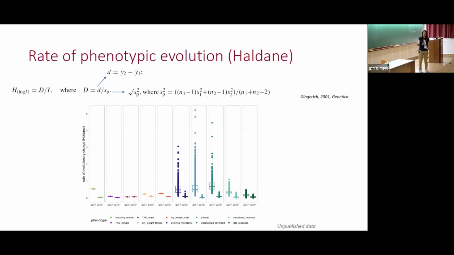So we observe that different traits have different rates of phenotypic change, and we also look at the rate of gene expression change. These are the 5 categories that I already introduced to you: those that have plateaued, those that continuously increase or decrease in their expression, and those that change the direction of their expression. And we see that gene expression is among the traits that change the most, after fecundity, probably.